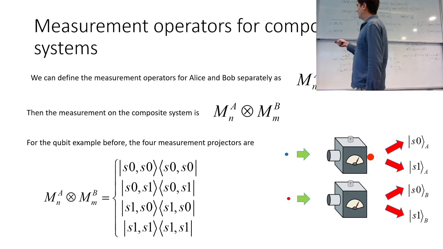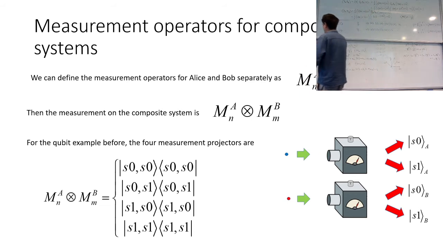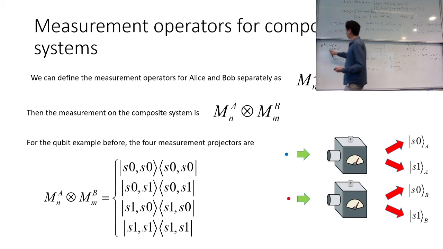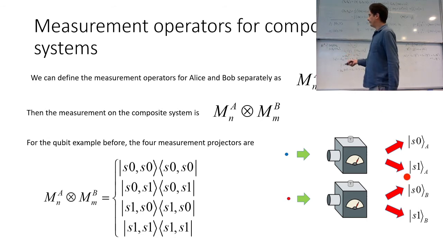So in this case, for each qubit, the measurement operator, for example here, MA would have been the measurement operators for A, and something similar for B.